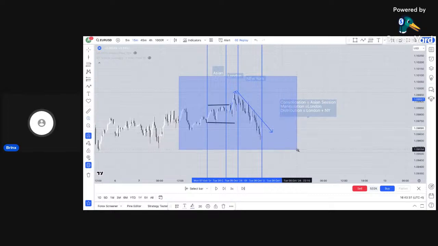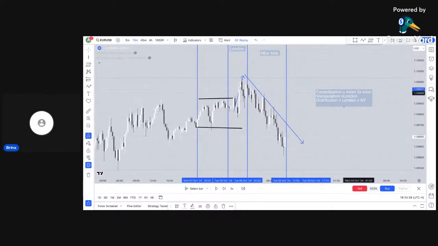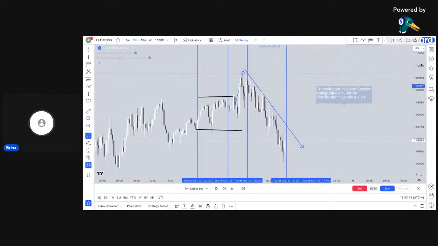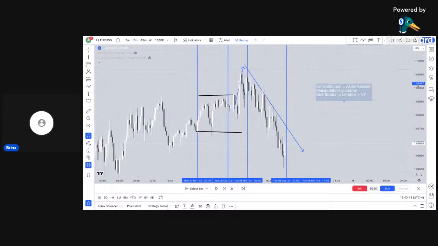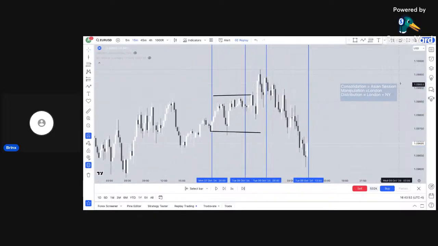So this is going to be the basis to how we trade and how I started to look at the market. And there's a lot of layers that we're going to put on top of this over the next few weeks and months. But if you understand this phase, then you'll start to understand what's going on here.